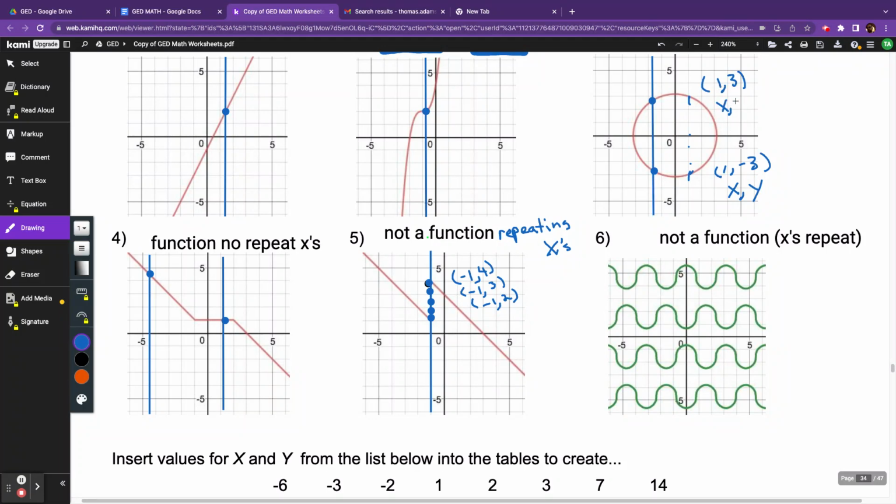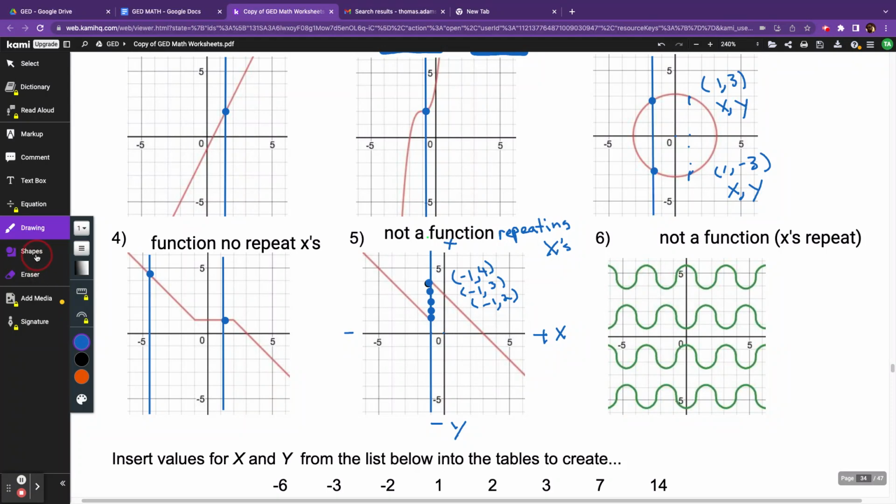Any point on the grid, we start at the origin and we go over 1, up 3 to get to this point, and we go over 1, down 3. I probably should have reminded you of that. If you go up or down, this is the y-axis. If you go to the right, this is the x-axis, and it's positive. If you go to the left, it's negative. So these are all -1 because I start here and go in the negative x direction 1 unit, and then go up so many spaces. This point, I go over 1 to the left and up 4. So it's -1 comma +4.